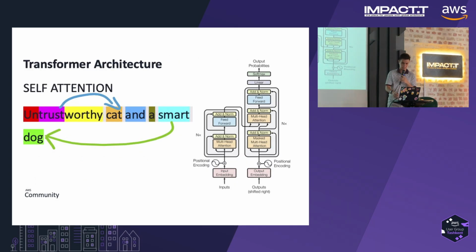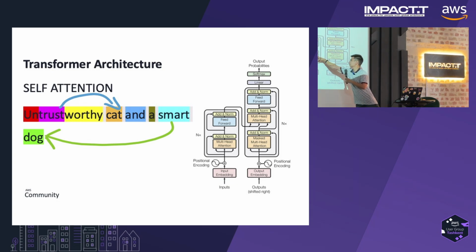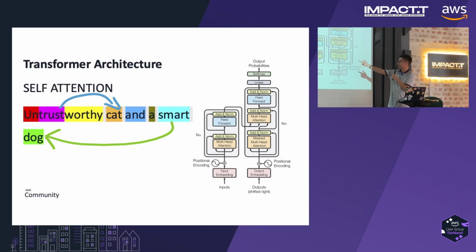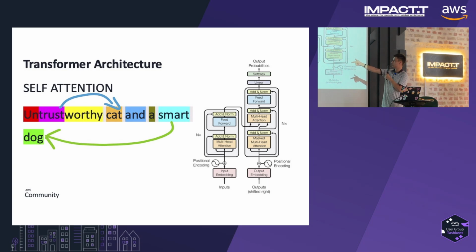Then what happens next? You have divided your input into tokens, and then, as you can see here, there is a multi-head attention mechanism, which uses self-attention. This mechanism allows us to find the dependencies of the words in your sentence. Here you can see that smart is related to dog, and this mechanism identifies such dependencies.